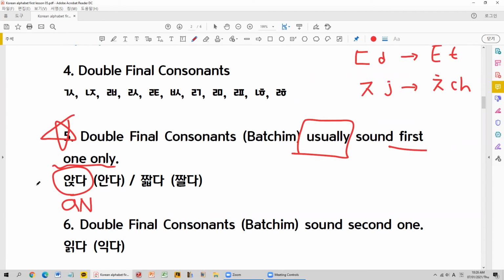We don't pronounce the J sound. We only pronounce the first final consonant, okay? This one is the same. You have to read the first one. 짧다, 짧다, 짧다. Don't worry about the B sound over there.